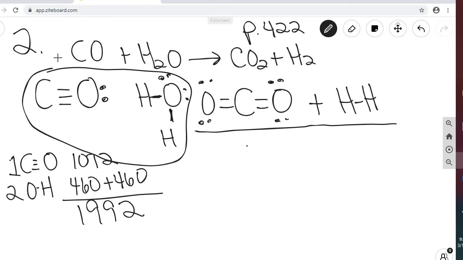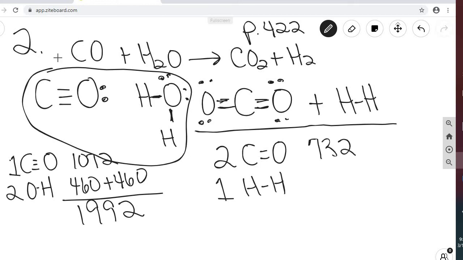Okay, and then we look at what's involved in forming these bonds. On this side, we have two carbon to oxygen double bonds, one here and one here, and then one hydrogen to hydrogen bond. Looking at the chart on page 420, the carbon oxygen double bond is 732, but there's two of those, so 732 plus 732.